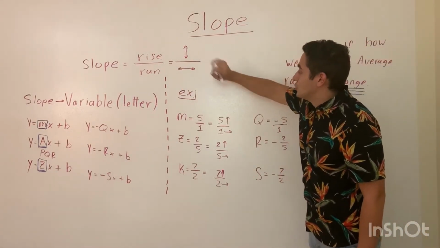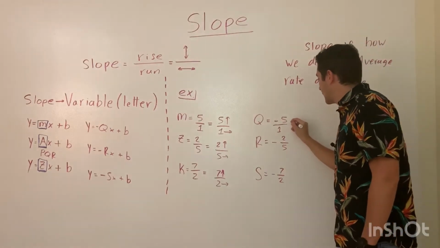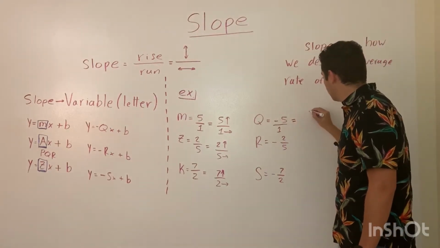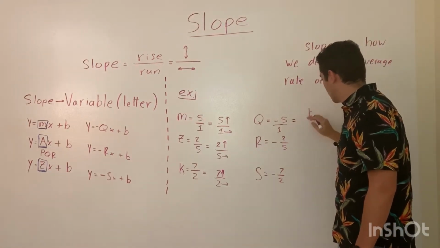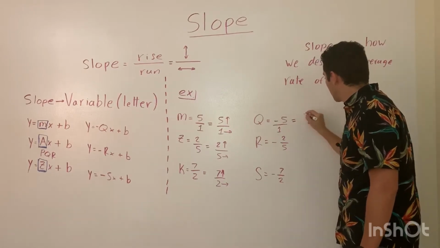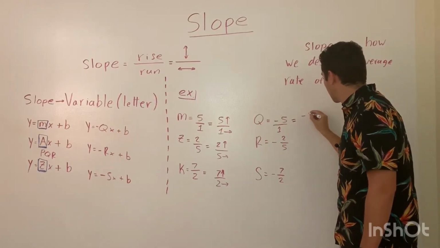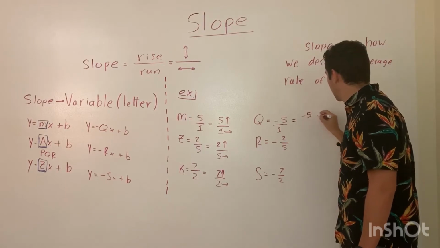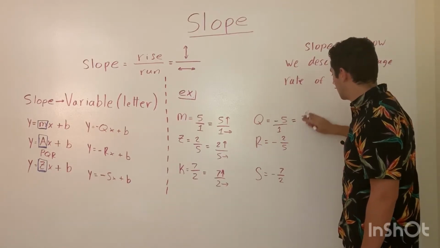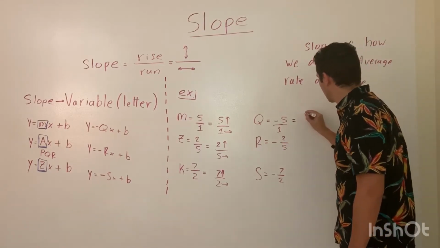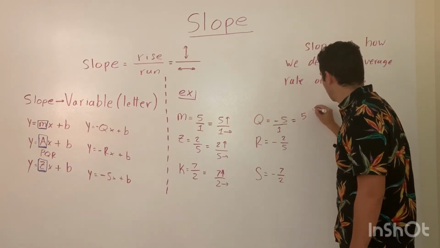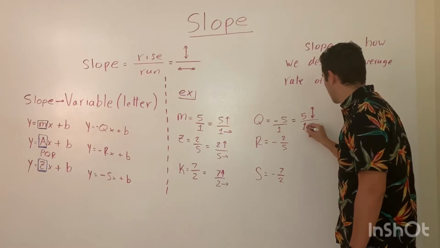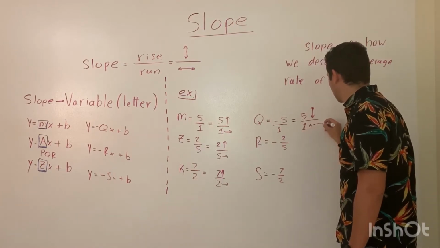Now we need to choose whether we are going up or down or left and right. So, let me go ahead and fix that. So we have a negative 5, or actually, let me not put in the negative in there and you'll see why now. So we have a 5, and we have to choose whether it goes up or down, over a 1, and we choose whether it goes left or right.